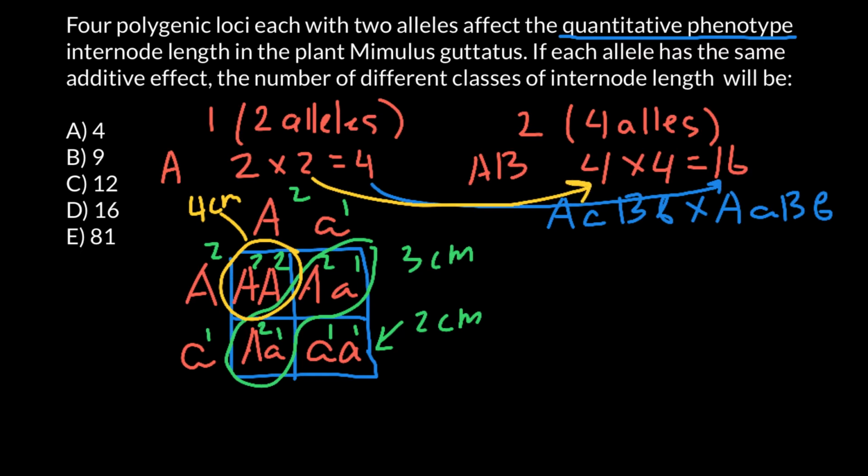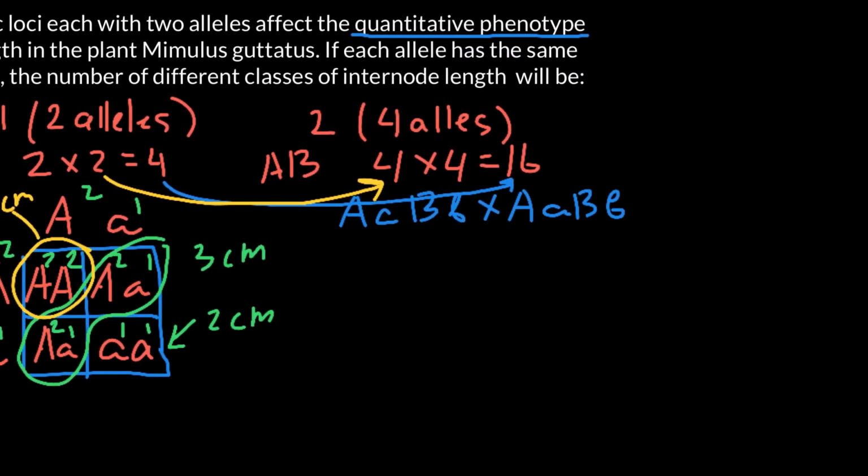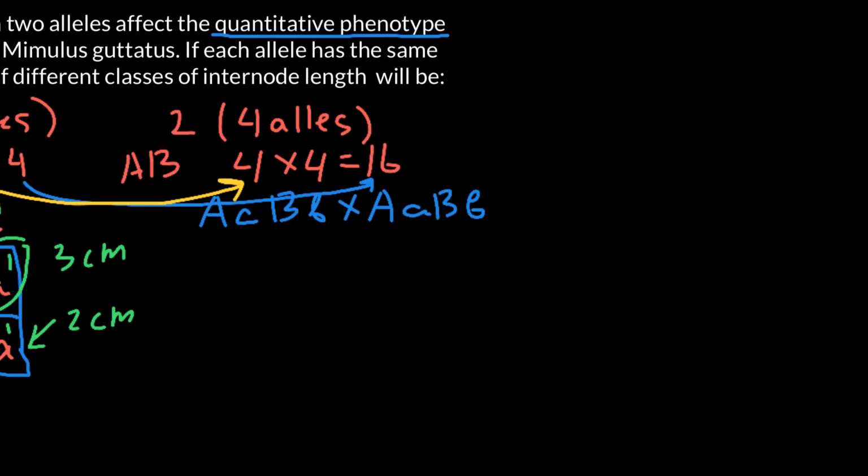Now let's follow this logic. So if we would have 3 genes, in this case we would have how many alleles? 6 alleles.